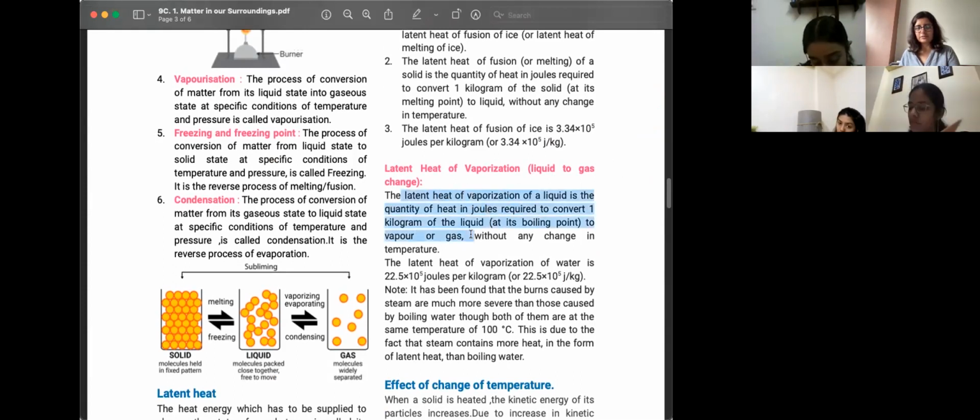This is the definition. This is telling for vaporization.